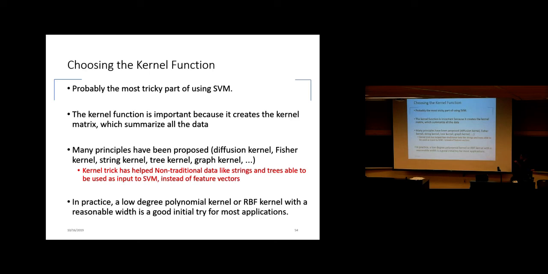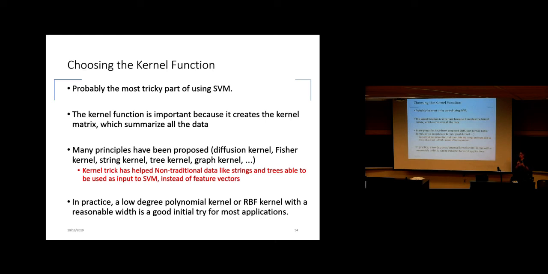But this is actually also good, because for a lot of domains, it's very difficult to come up with a numerical representation of X, but it's very easy to come up with a similarity function among the objects, like string to string, graph to graph, or sets to sets.